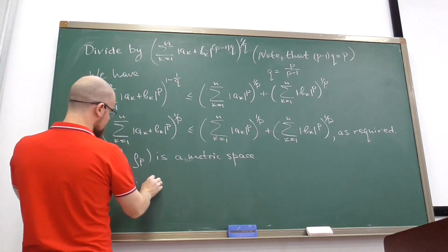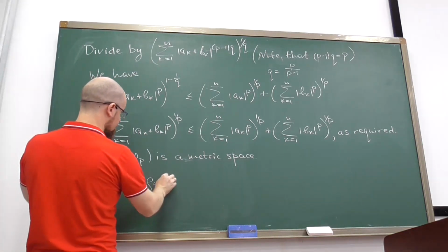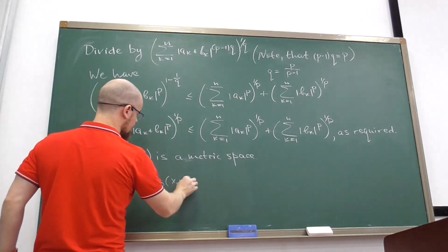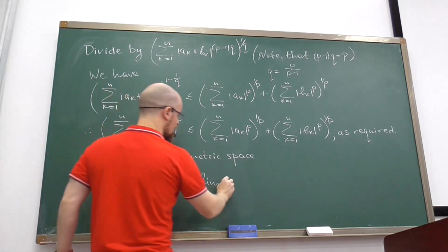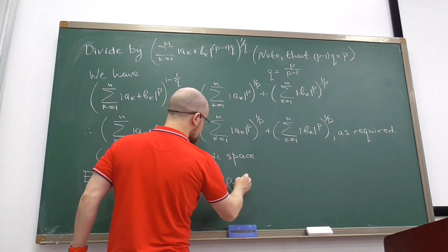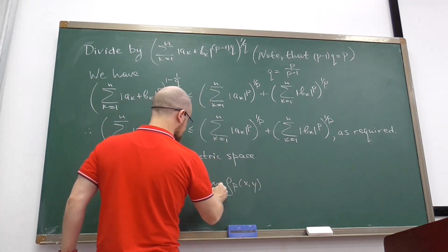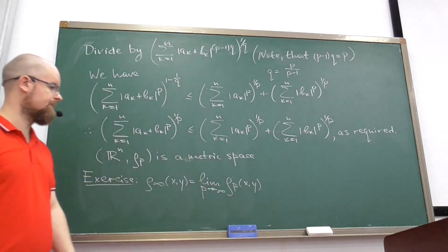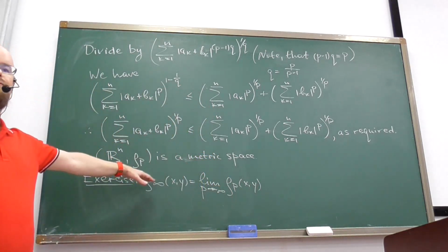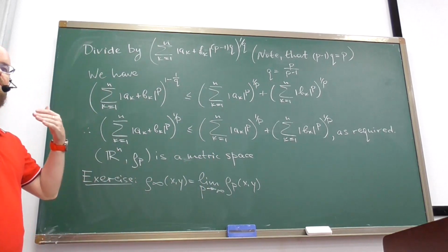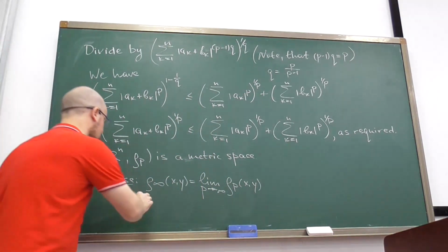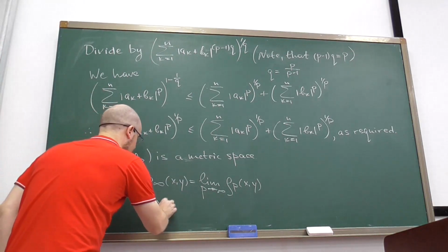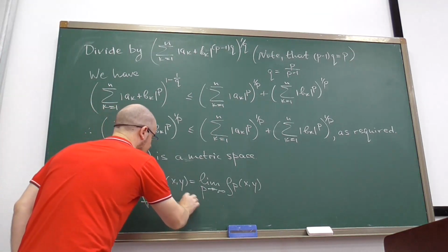The exercise is to show that rho infinity of x, y equals the limit of rho_p of x, y when p tends to infinity. So this rho infinity metric is the limiting case of this rho_p for every x and y from R^n.